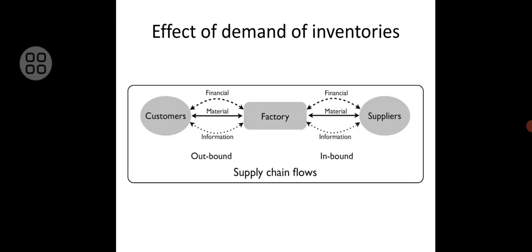And the effect of demand on inventories. So what is meant by the effect of demand on inventories? Before that, economic order quantity, EOQ. We already discussed economic order quantity in unit 4. Economic order quantity is the quantity produced or ordered during one production cycle, known as the order quantity or lot size.